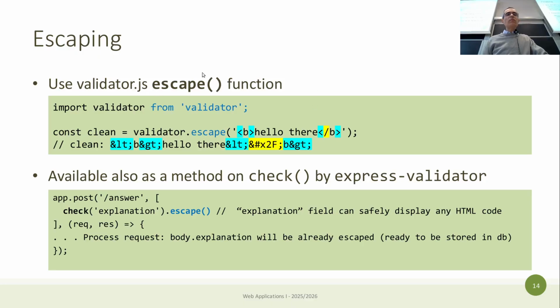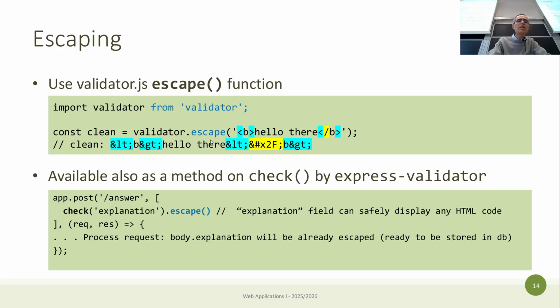How to escape? As I told you, there are functions available for doing this operation. Unfortunately, not directly inside the browser, but there are functions inside the packages that you can use in your JavaScript code. So, for instance, this validator, which we already saw, was inside the Express validator that is based on this validator.